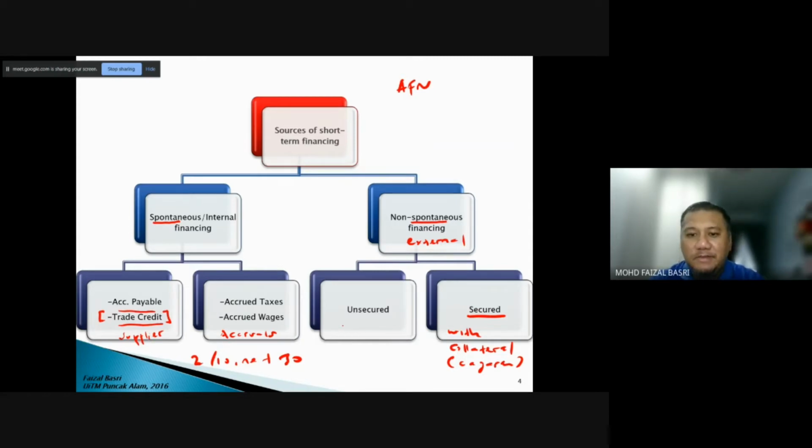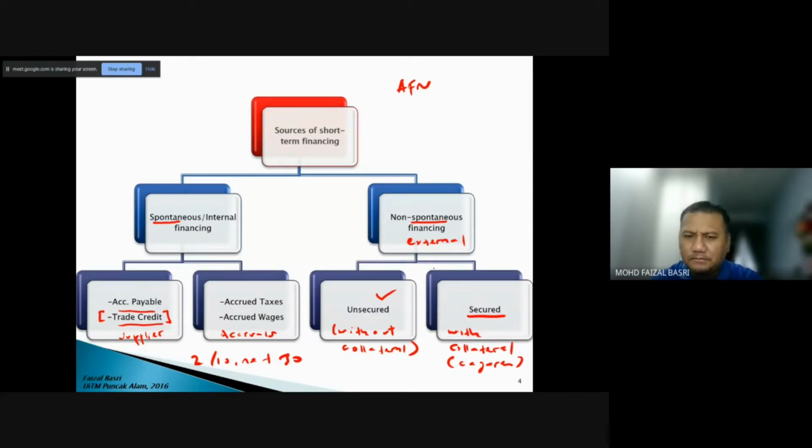Kalau unsecured here means without collateral. So that's the difference between the two lah. But for our case here, short-term basis, usually it will be under unsecured, the ones without the collateral.